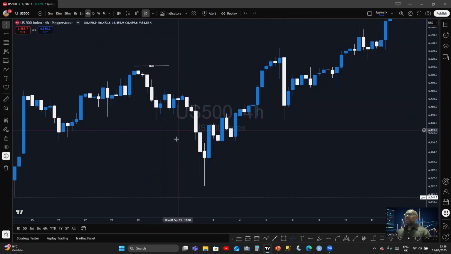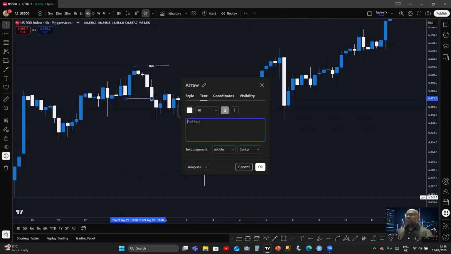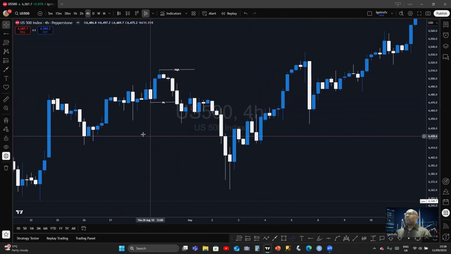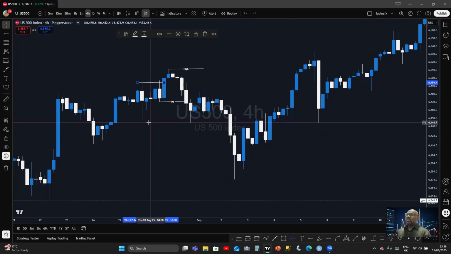Once that happened, we simply say market shift has happened. Market shift has happened in the sense that this very one here is a break of structure.